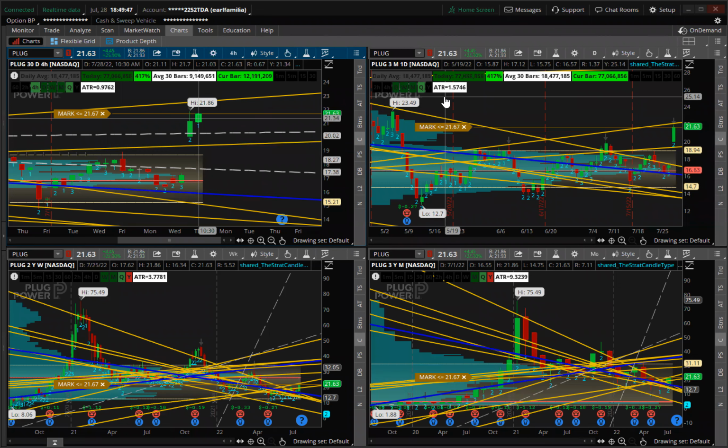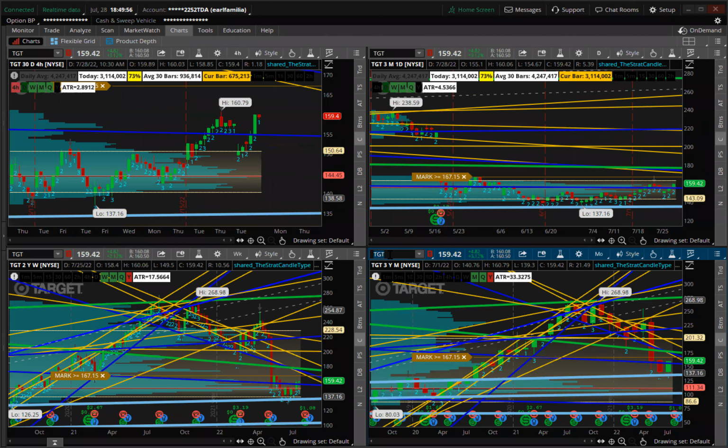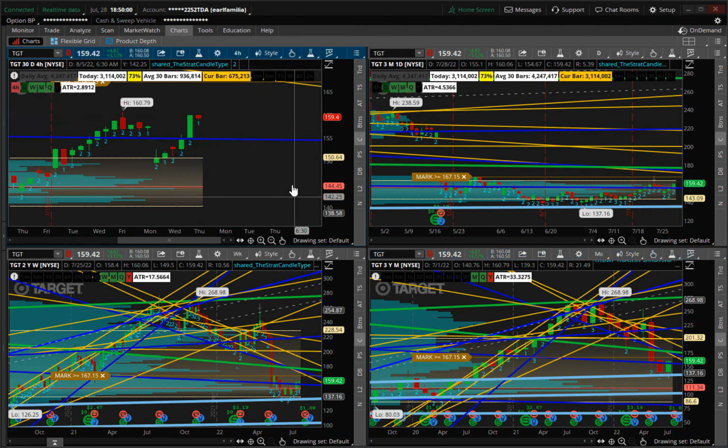We got Target, TEN, BBN, CCJ. I know Target, a lot of people are looking at. You got an inside 4-hour candle. Looks like price tried to push back up in the afternoon candle after that initial pullback.